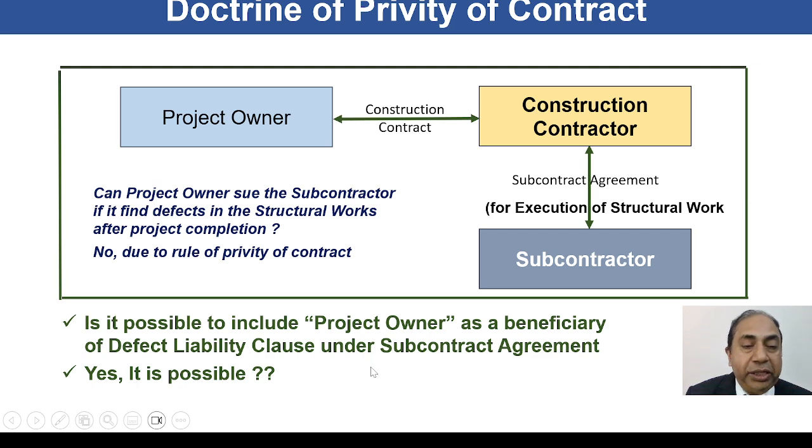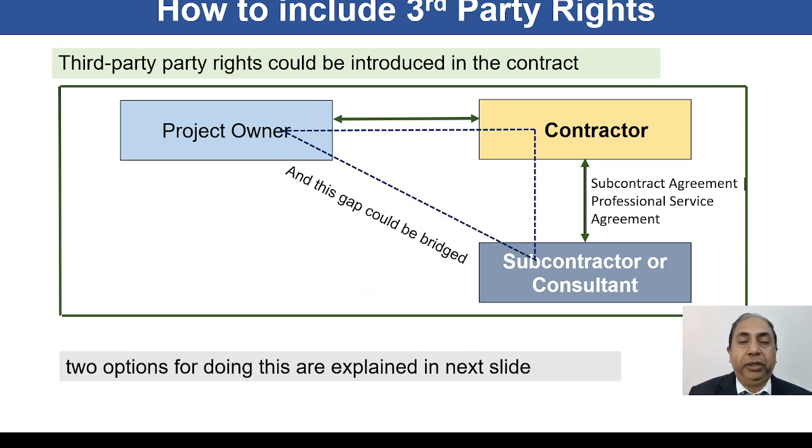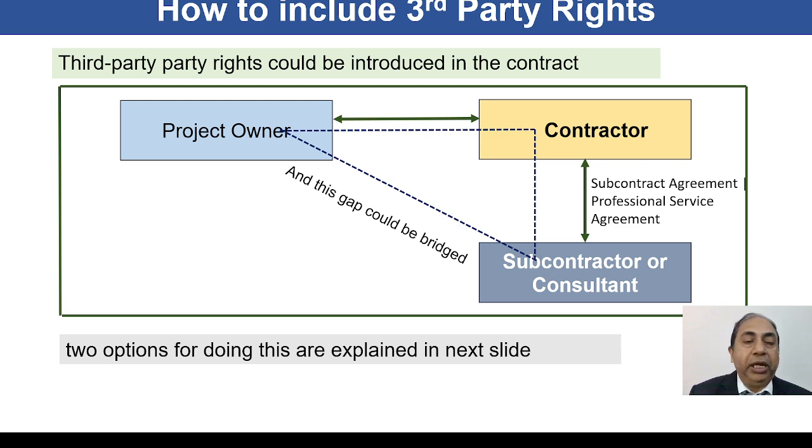The answer is yes, it is possible. Third party rights could be introduced in the contract and this gap could be bridged. And the two options for doing this are explained in the next slide.